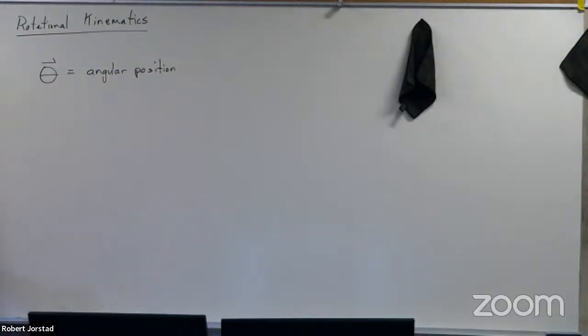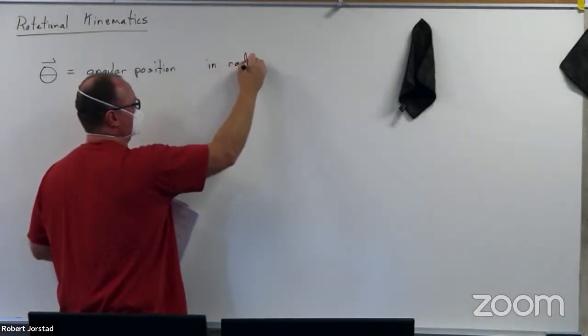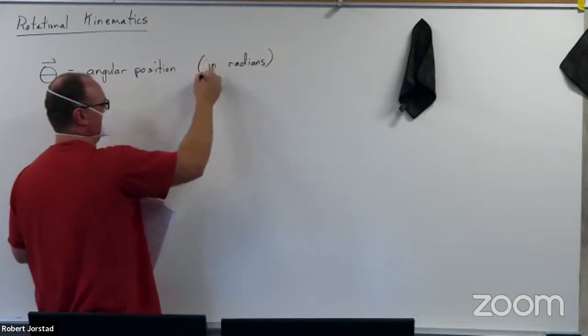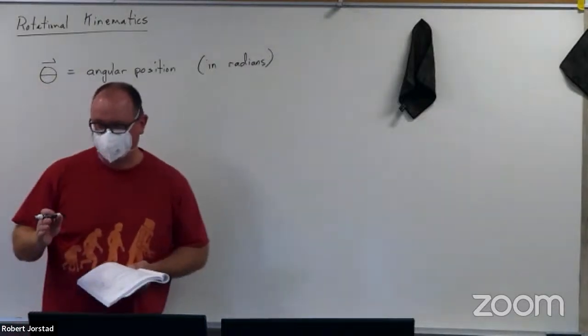You can see that right now, I'm writing this as a vector. That is technically wrong. You cannot write an angle as a vector for reasons I will explain in a minute. But in certain special cases, we can treat it as a vector. We're going to restrict ourselves for this class to the cases where theta can be treated as a vector. Let me say why right now to get it out of the way.